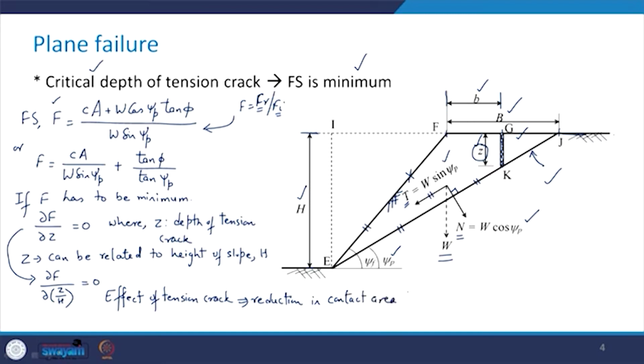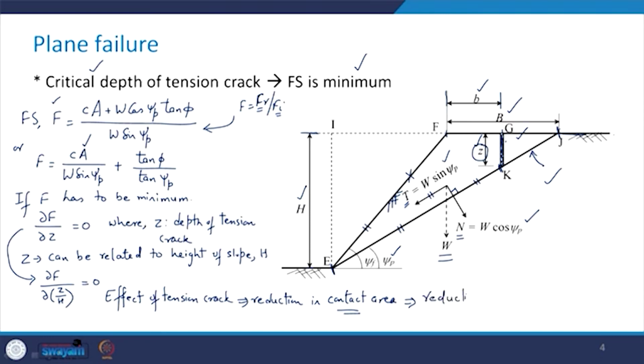Recall our discussion of the previous class. When this is not there, our contact area was from here to here. But since this tension crack occurs here, now the contact area will get reduced to only this, that is EK. Because of the reduction in this contact area, which we are representing here as A, what will happen to the term CA?